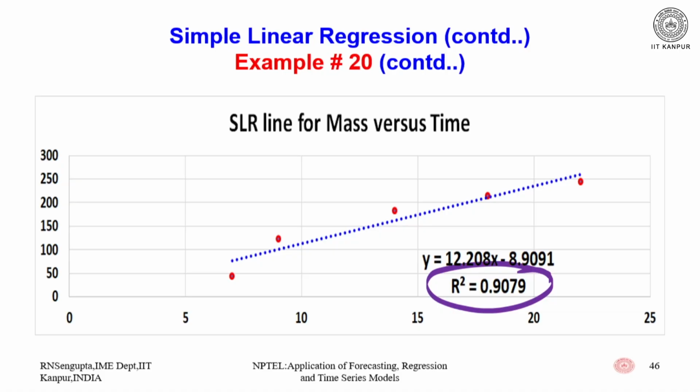Obviously, if there are 4 unknowns, beta naught hat, beta 1 hat, beta 2 hat, beta 3 hat, with the hat denoting the estimated values, you will have 4 equations. Then you will have the concept of R square and adjusted R square, and I will come to that in detail using a few simple problems.